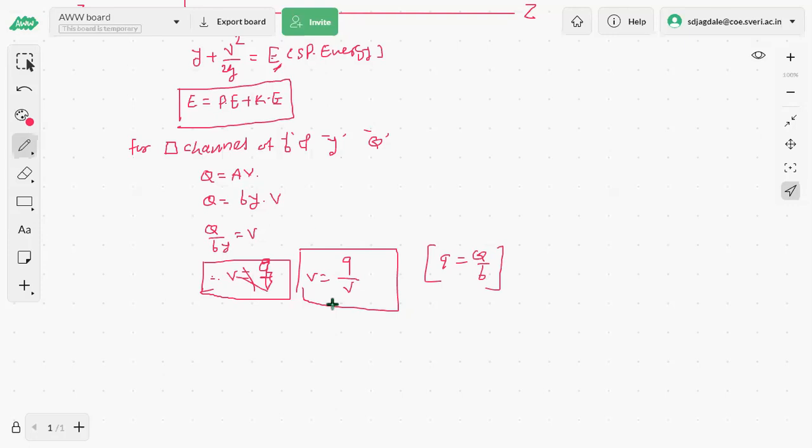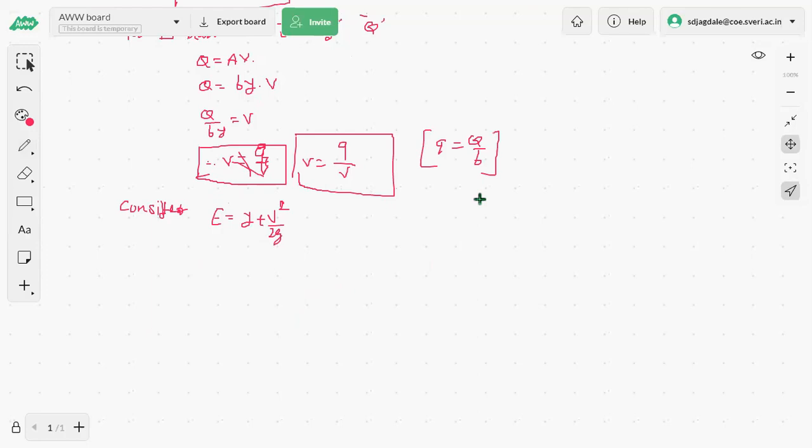Okay, then if we put those things in E equals y plus v square by 2g, that is the equation of our specific energy, instead of v we are going to put the value of v as q by y.